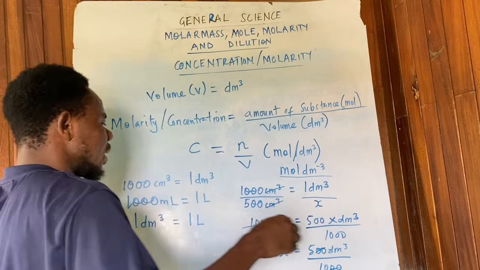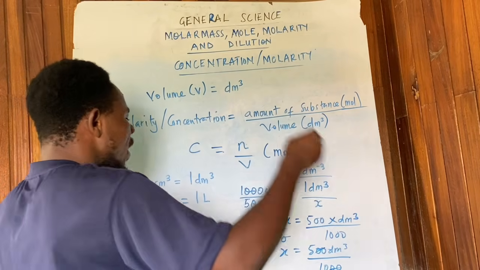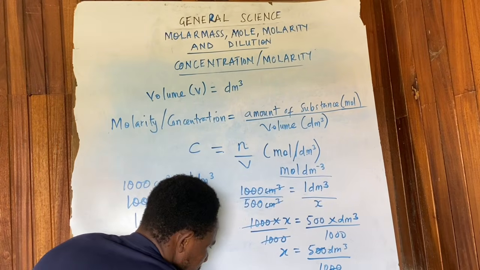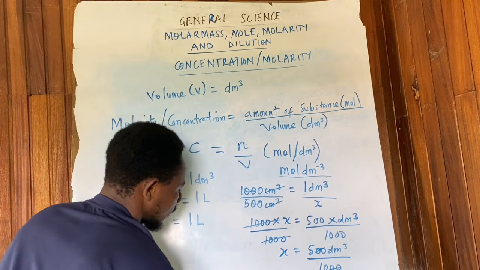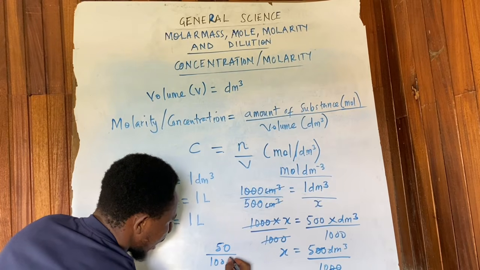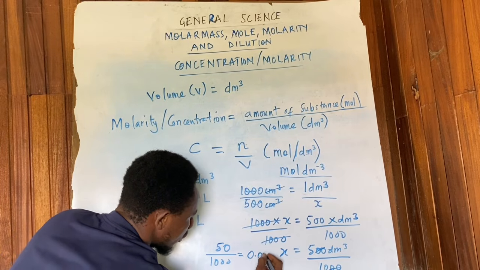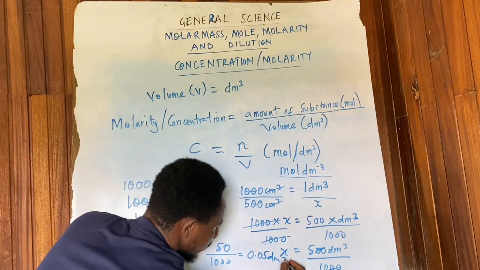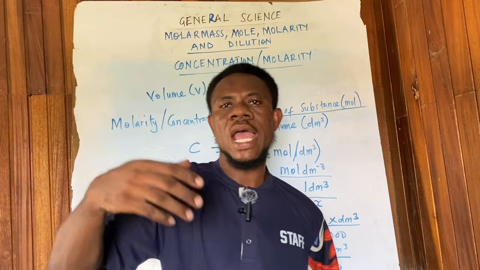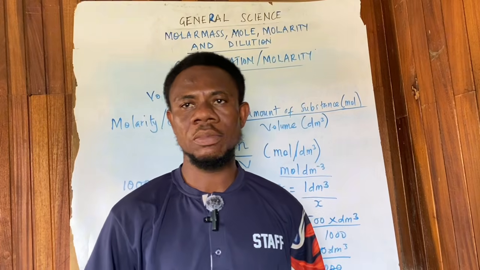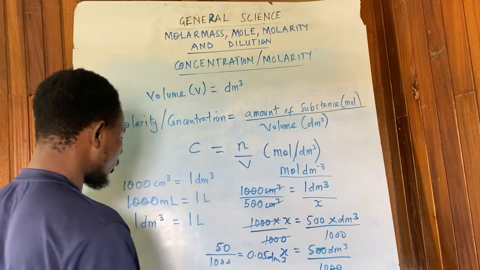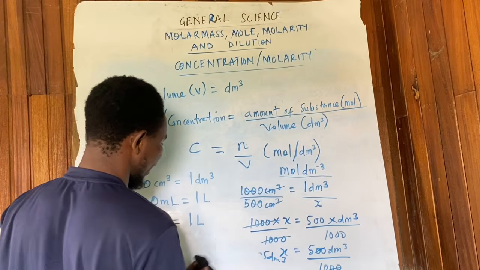So let's take, for instance, if you are given 50 cm cube to dm cube, it is just 50 over 1000. You're going to get 0.05 dm cube, like this. So if you are changing from centimeters cube to dm cube, you will have to divide by 1000. Then you get your answer.